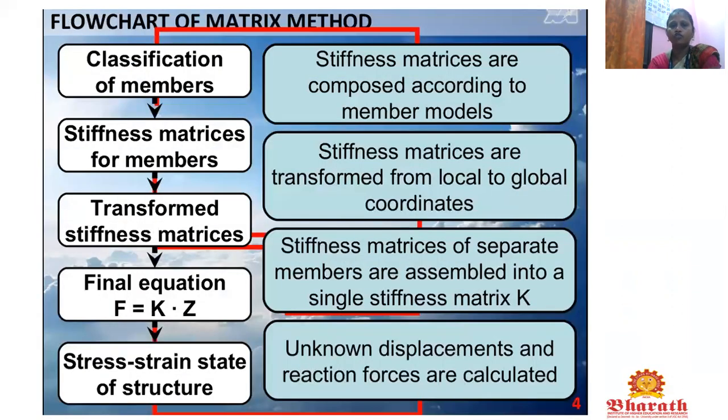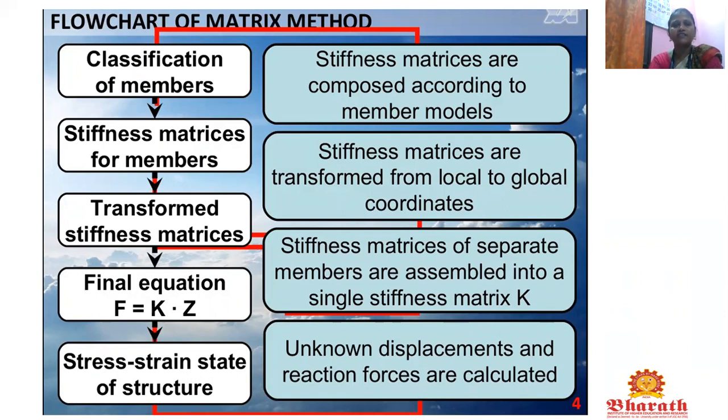Next, when we come to the flowchart of the matrix method, first is the calculation of members. Next is the stiffness matrix for the members, the transformed stiffness matrix, then the final equation, that is force is equal to K into Z. Next is the stress-strain state of the structures.